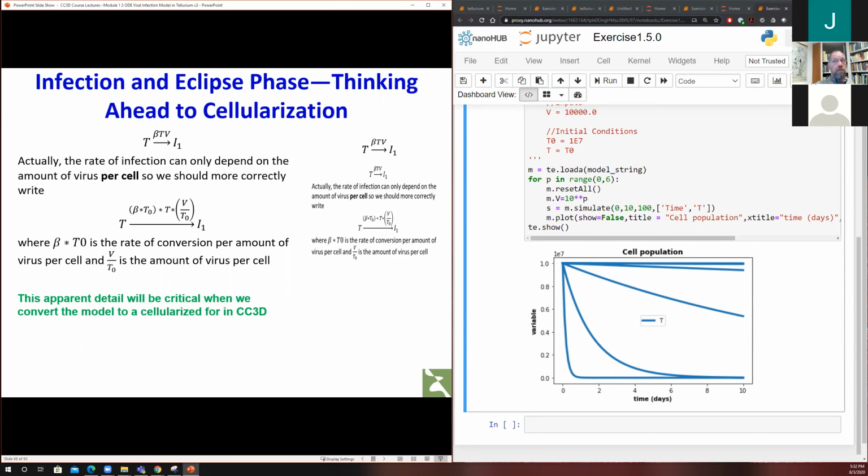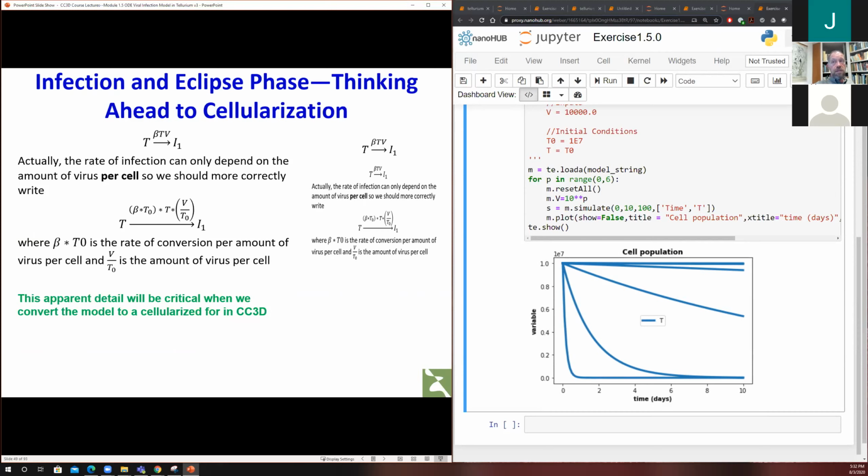And in that case, our rate, beta, becomes beta times T0. And so even though beta times T0 times T times V divided by T0 is just beta T times V, when we cellularize it, we'll need that second form.